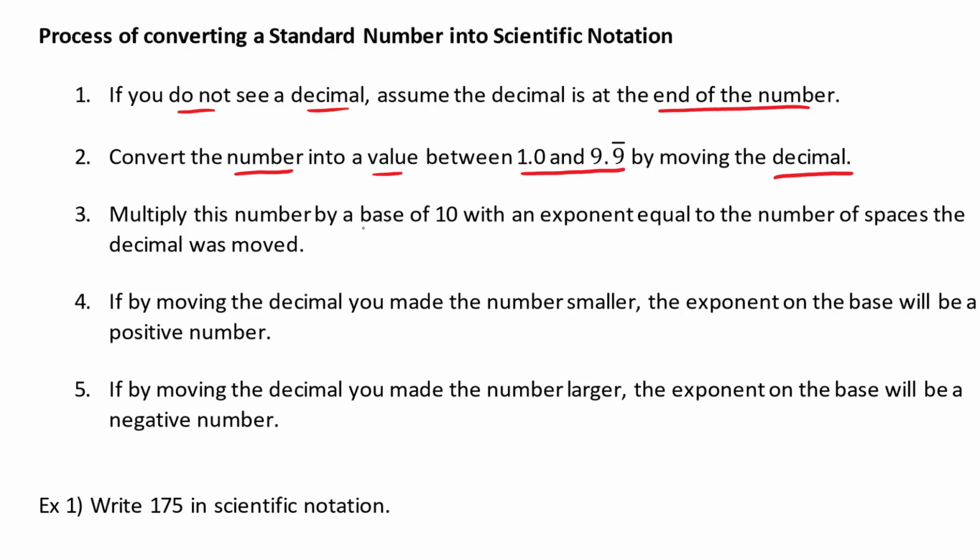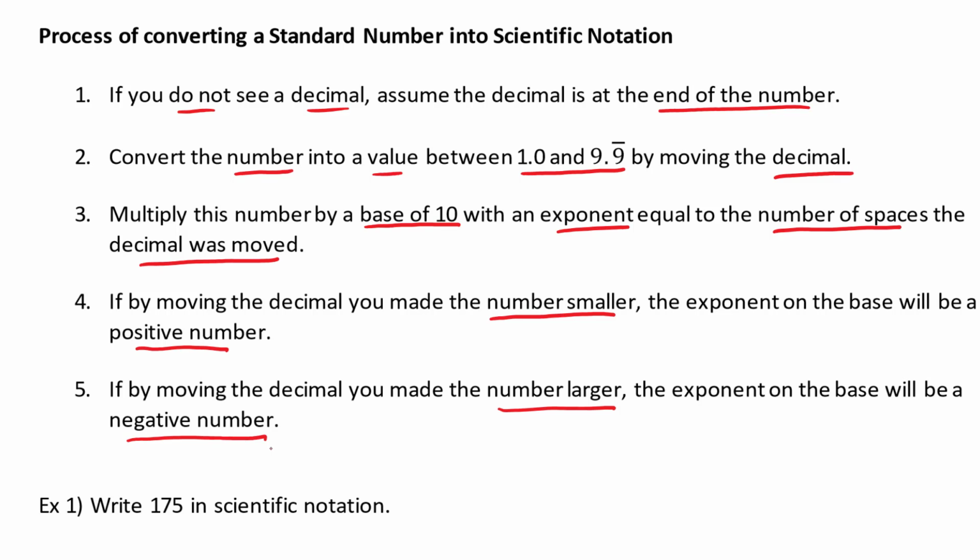You then multiply a base of 10 with an exponent equal to the number of spaces the decimal was moved. If you move the decimal and you made the number smaller, the exponent will be positive. If you move the decimal to make the number larger, the exponent will be negative.